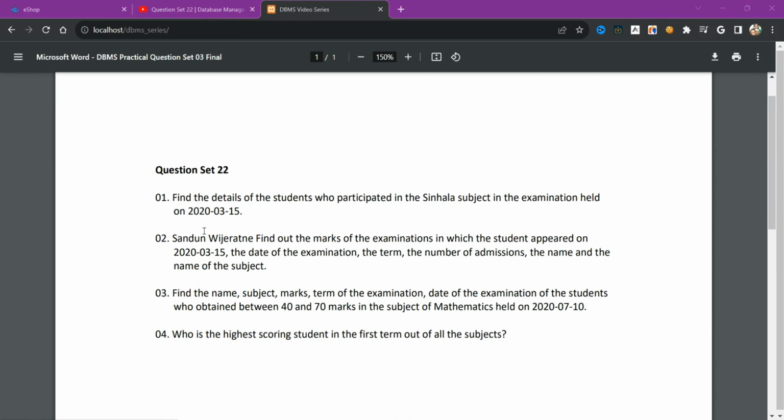They have told us to find the details of Sandun Vijayaratna who faced the exam on 2020 March 15, and they have given some conditions here. So we need to find the details of this particular student, with the term, the admission number, the name, and the name of the subject. So let's write the query for this question.